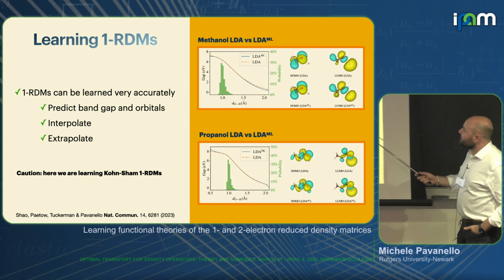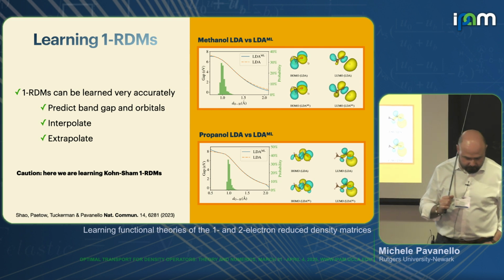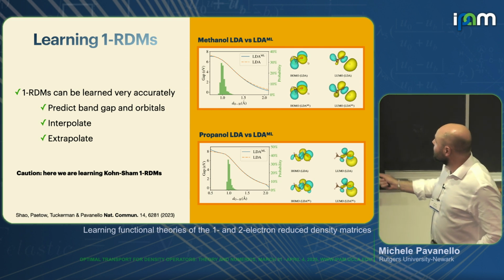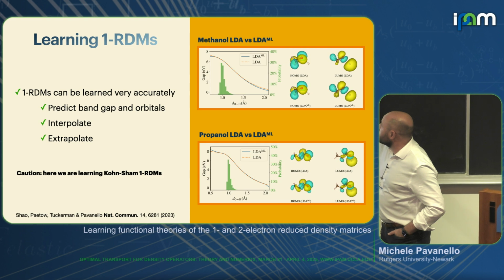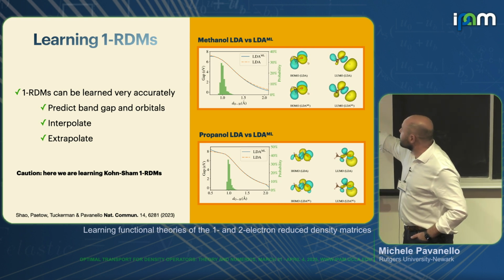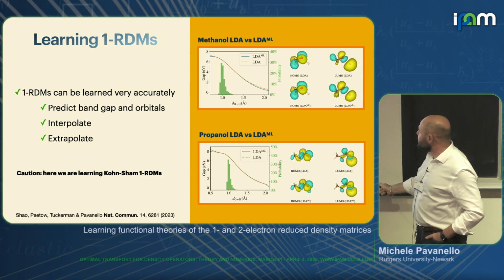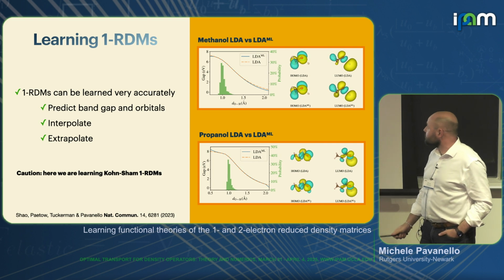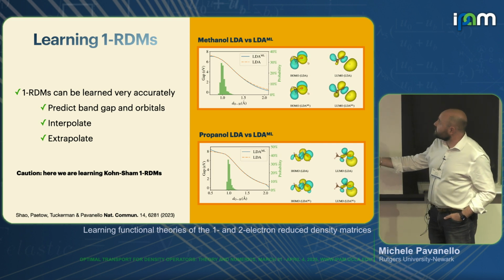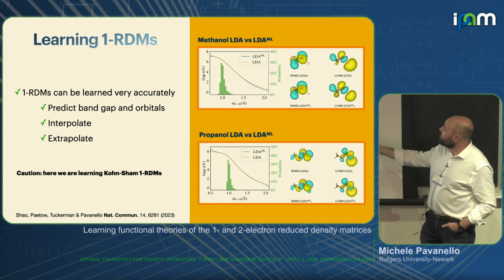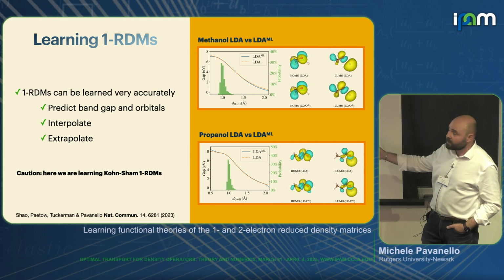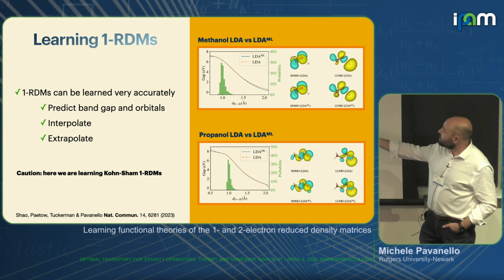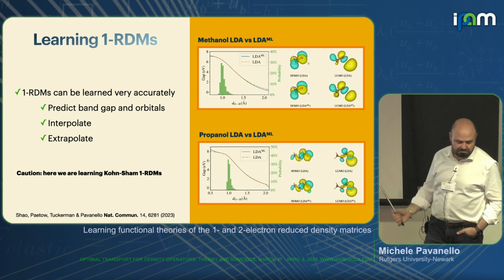In this case, we have LDA. And this is methanol. And this is propanol. What you see here are the HOMO and the LUMO of methanol when the OH bond has been stretched.